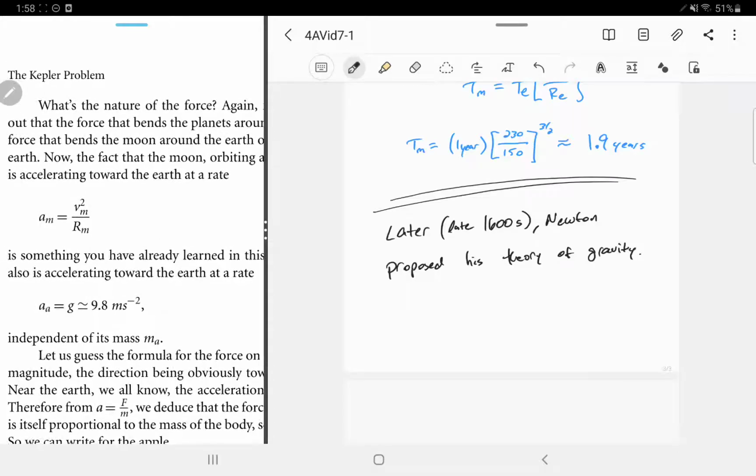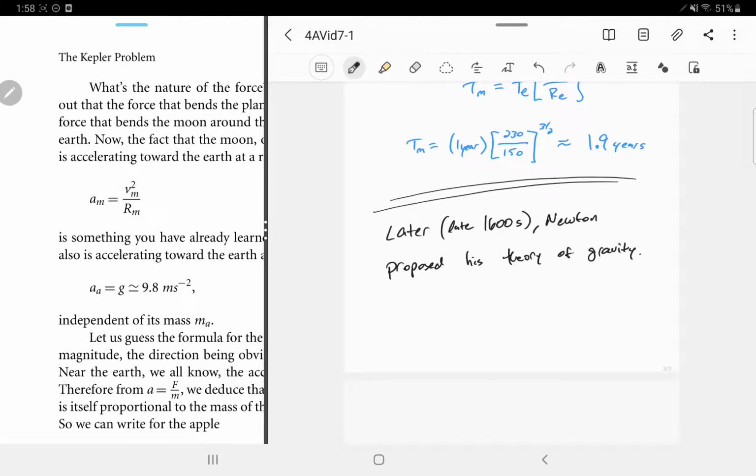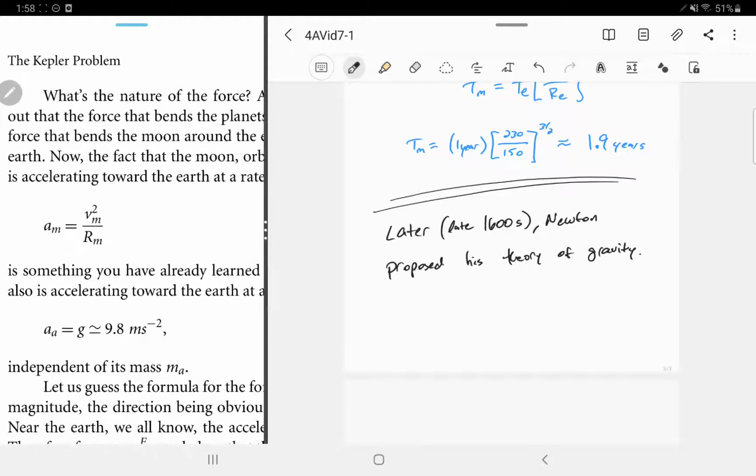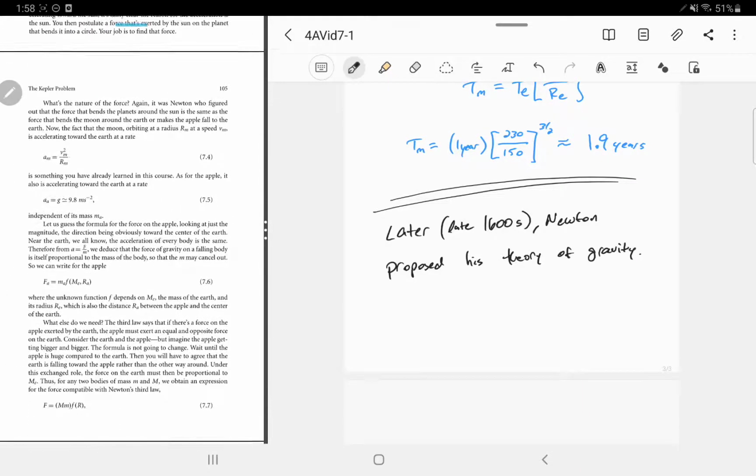Well, we could maybe use that formula to help us clue in on what that force is going to look like, but the force isn't going to depend on velocity, for example. That's what I'm trying to say. So let's see what it could depend on. And this is what your book is getting at.